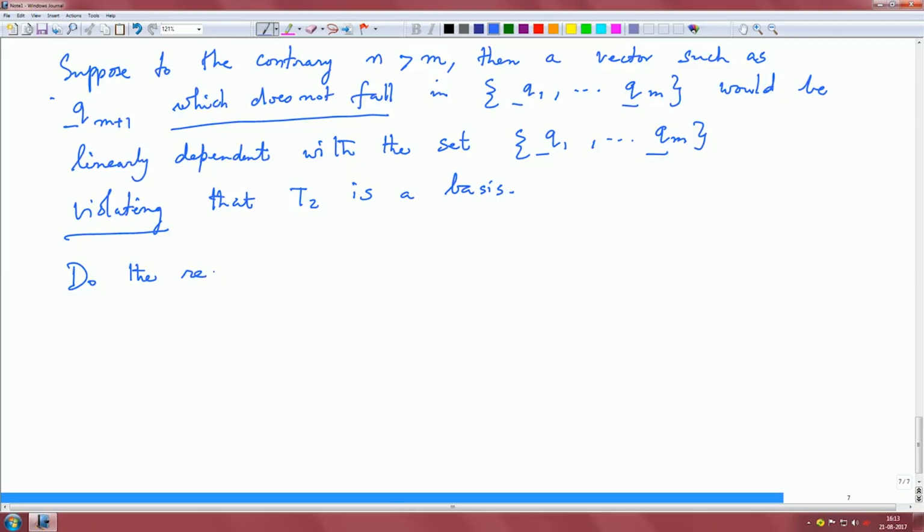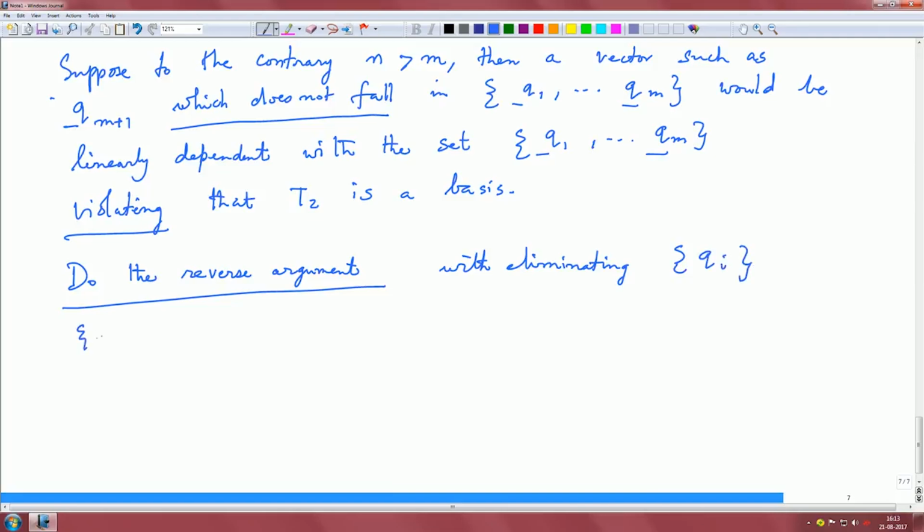So we started off with some element in T2 and expressing it in terms of T1 and then replacing that element in T1. So we can do this in the reverse argument, with eliminating Qi, and then we can conclude n is greater than or equal to m.